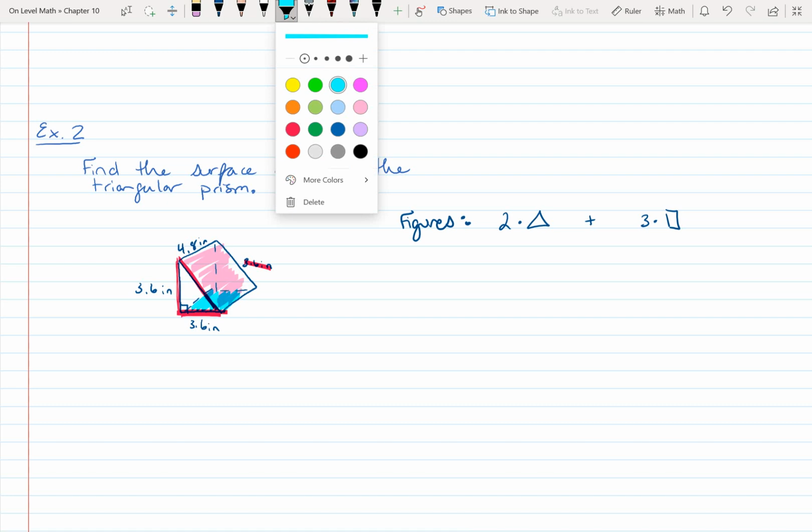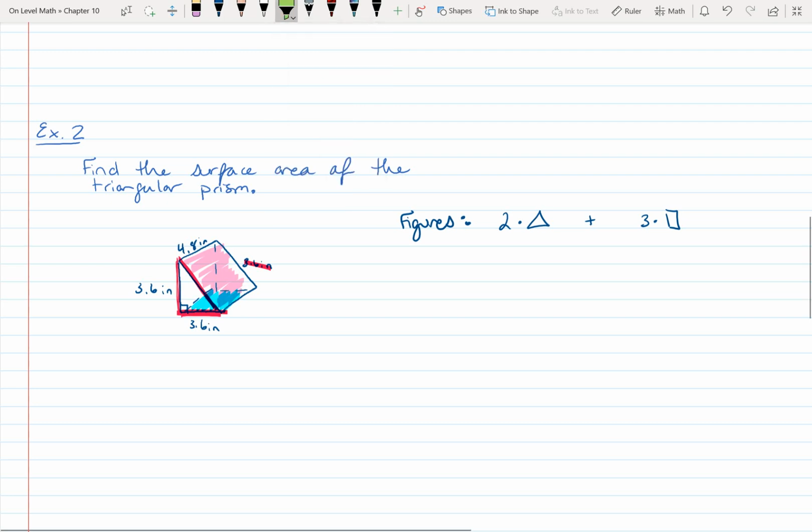And then we've got the one in the back. So we've got 3 sides. Now, we've got 4.8 here by 3.6. And since it's an equilateral triangle, it's all the same.